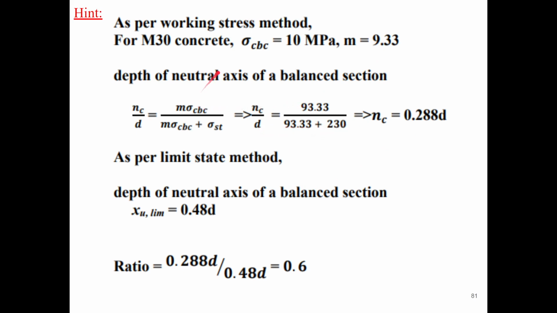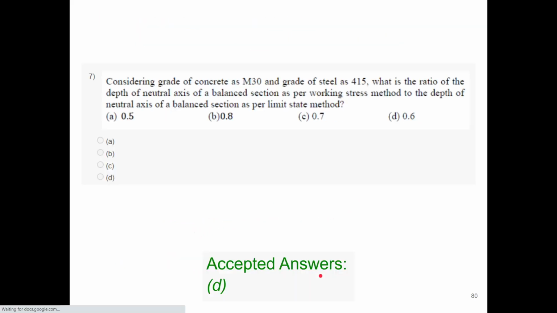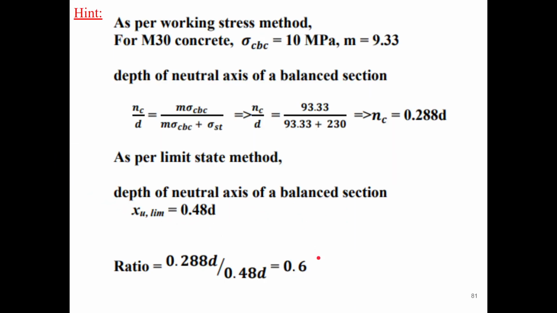So nc by d is 93.33 by 93.33 plus 230, where nc is 0.288 d. As I told you, for limit state it is 0.48 d for Fe415. Dividing 0.288 by 0.48, we get 0.6. So D is the correct option.